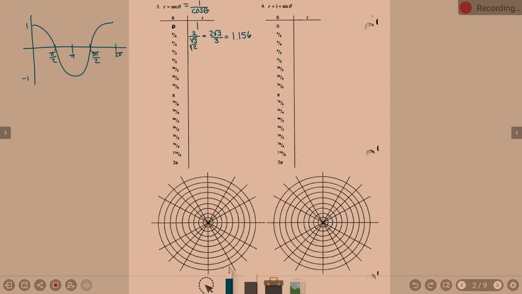What is square root of 2 as a decimal? 1.414. Okay, what about pi over 3? Ooh. The reciprocal of 1/2 is 2. Wow, that was easy.